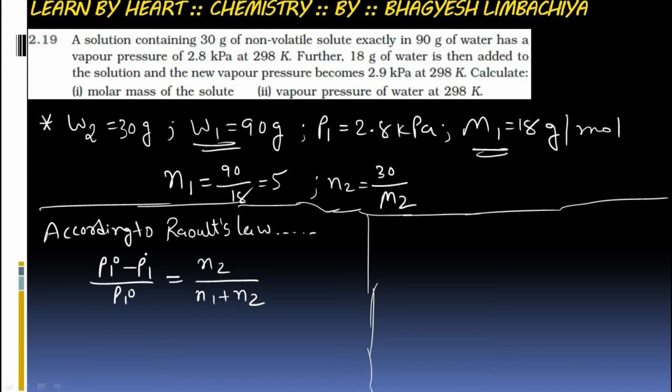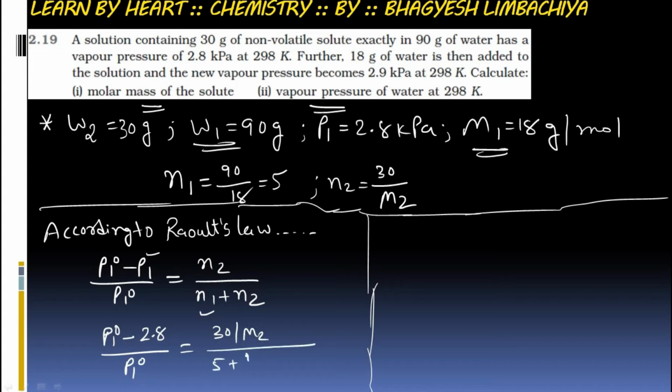P1⁰ is also unknown, P1 is known, N1 is known. So here a total of two terms are unknown: the vapor pressure of pure water, and the second is M2, the molar mass, and both are asked in the question. So P1⁰ minus 2.8 kilopascal divided by P1⁰ equals 30 by M2 divided by 5 plus 30 by M2.